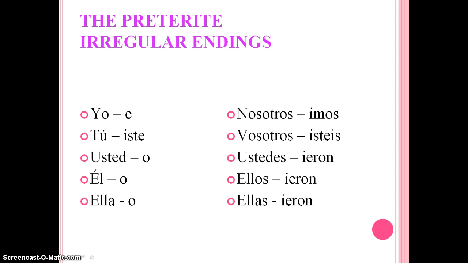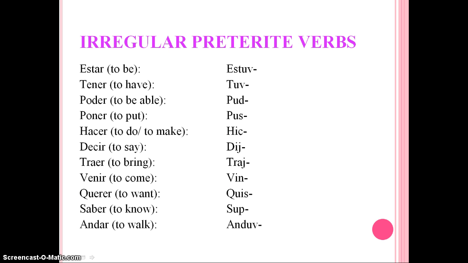Now these endings get paired up with certain stems. Okay, so these verbs here that are listed are all irregular in the preterite, and the irregular stems are listed to the right of them. So for estar, you will need to say estuv and then pair it up with one of the endings from the previous chart.